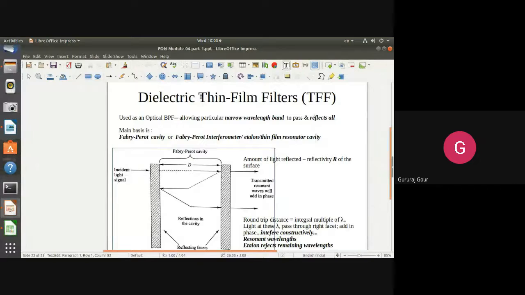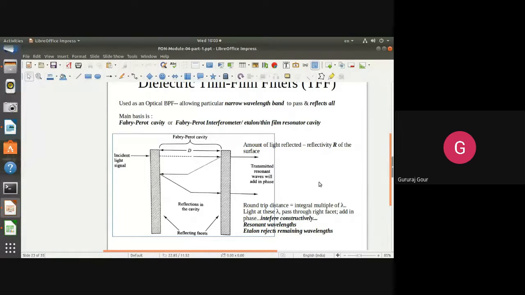So let us try to understand what we mean by thin film. The thin film technology, as the name itself suggests, refers to very thin layers with thickness in the range of nanometers, or less than that. A good example which practically exists is soap bubbles.